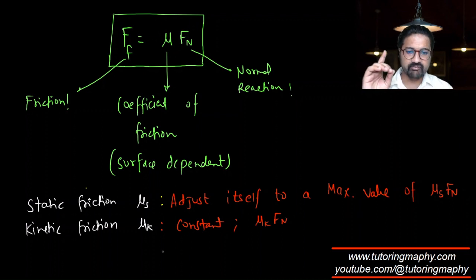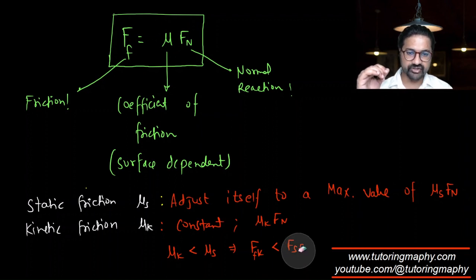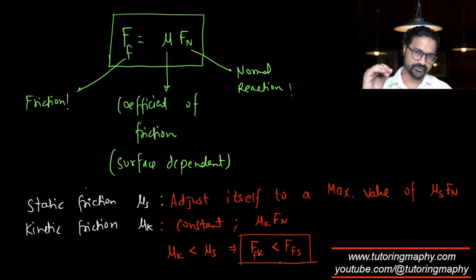And please remember, most likely the value of mu k is going to be slightly less than mu s, which means the kinetic friction is slightly less than the static friction. They are not equal.